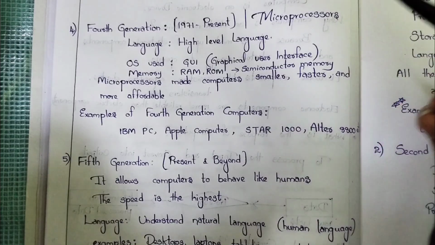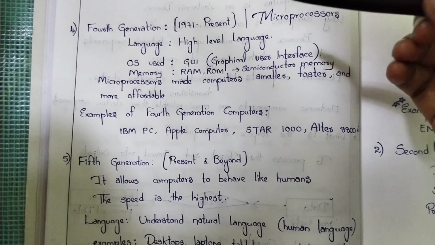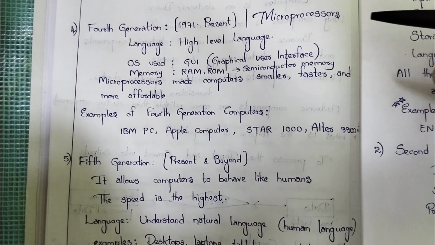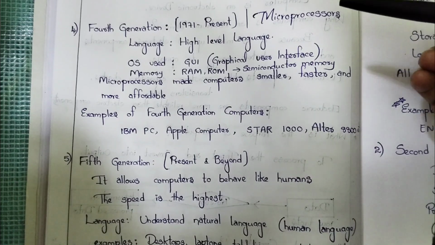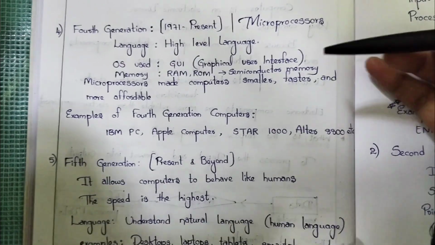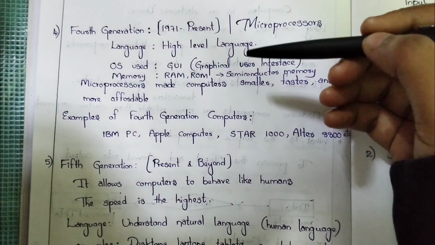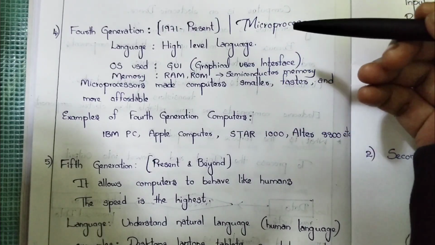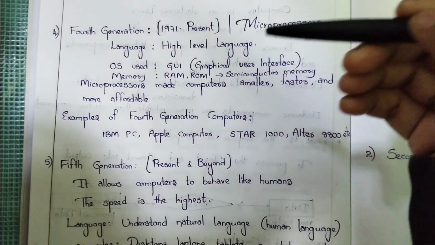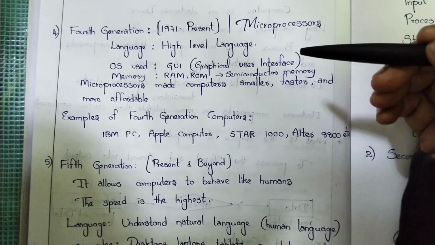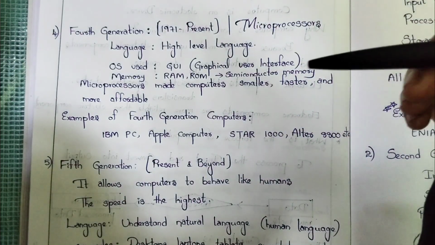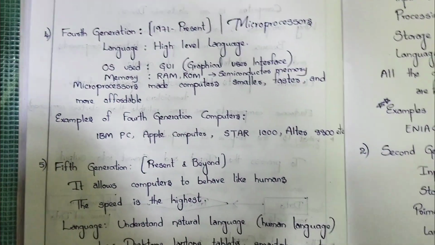Fourth generation began in the year 1971 and it is currently running. The important components are microprocessors, and the language that is used is again high level language. The OS that is used is graphical user interface, GUI. You have often heard of this, and also the command line interface.